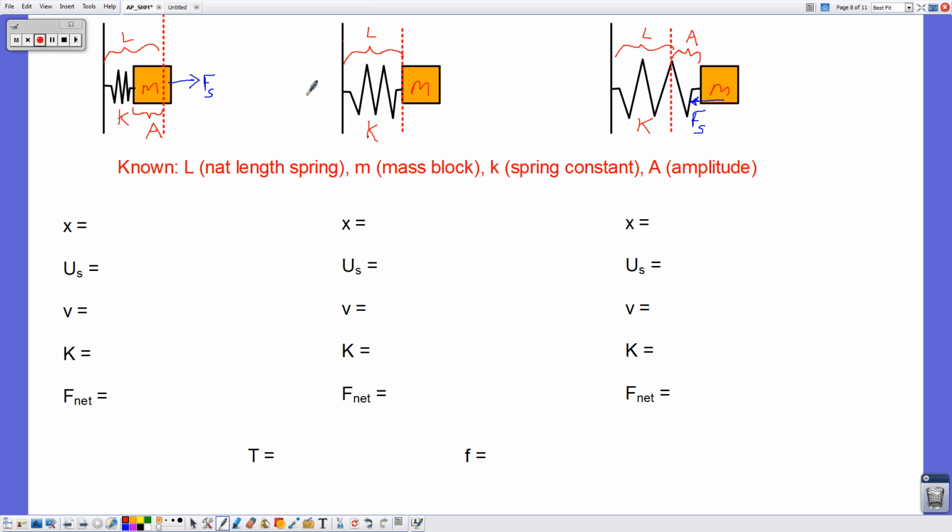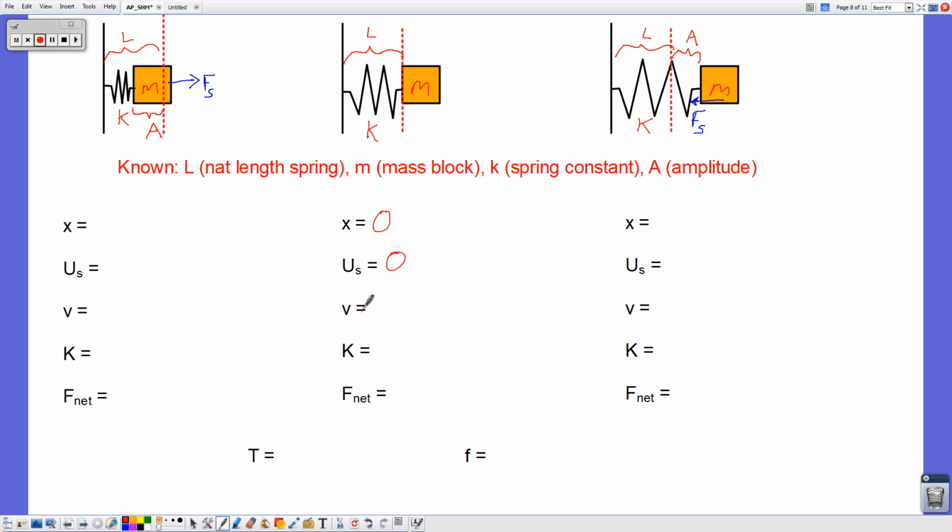All right, we'll start here because it's nice and easy. Here, x is defined as the displacement from the equilibrium position, the displacement from the natural length. So, right here, x is 0, which means that the elastic spring energy is 0.